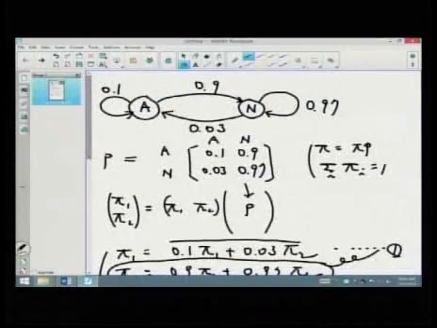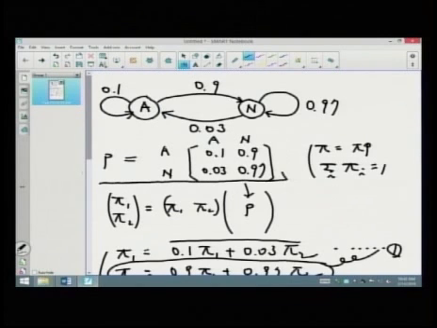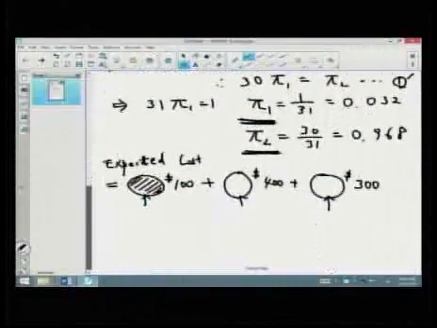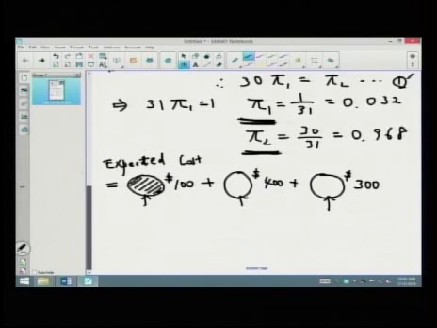What about this one-step transition probability matrix as well? Think about this. Okay, what about this? I'm going to put pi 2 times P sub 2.